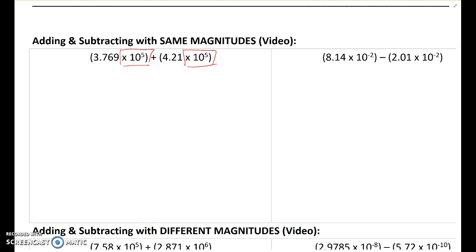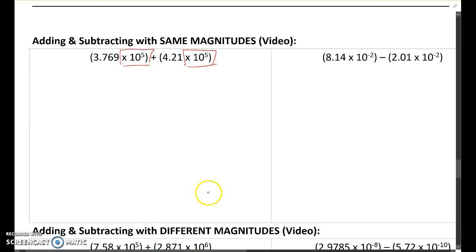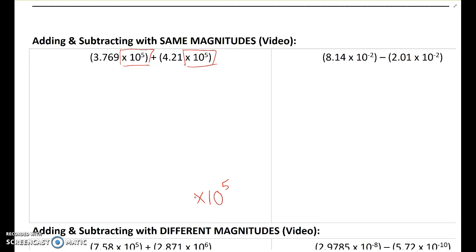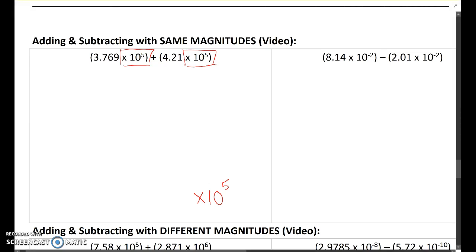What that means is I'm going to just come down here and write times 10 to the 5th initially, because I know that my answer is going to end up as times 10 to the 5th, hopefully. And if it doesn't, we have to do some minor modifications, but it's actually pretty simple to do that. If they have the same magnitude, this is super simple stuff.